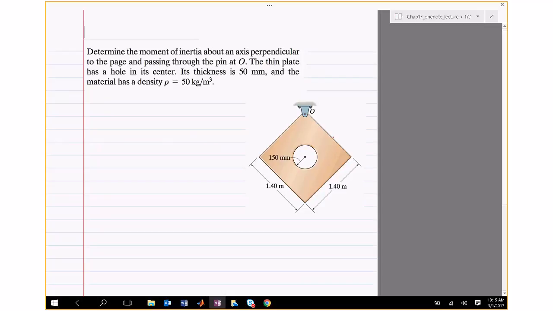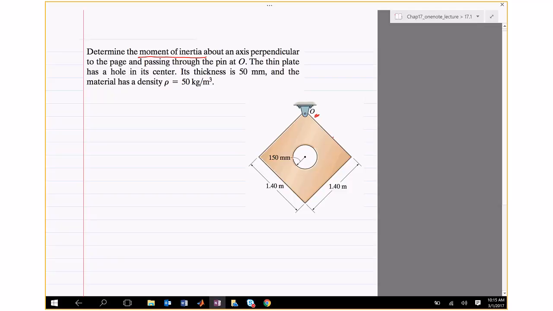Okay, so let's try to apply this on this problem. Determine the moment of inertia about an axis perpendicular to the page and passing through the pivot. The thin plate has a hole in its center.